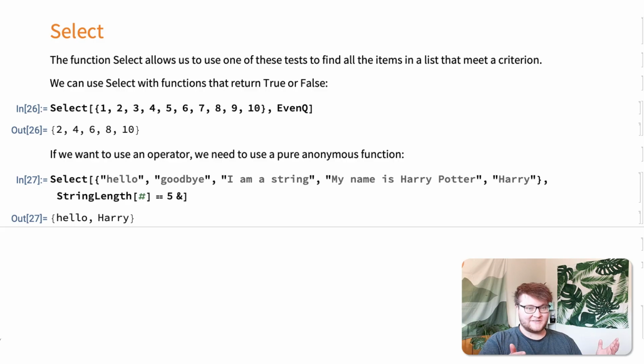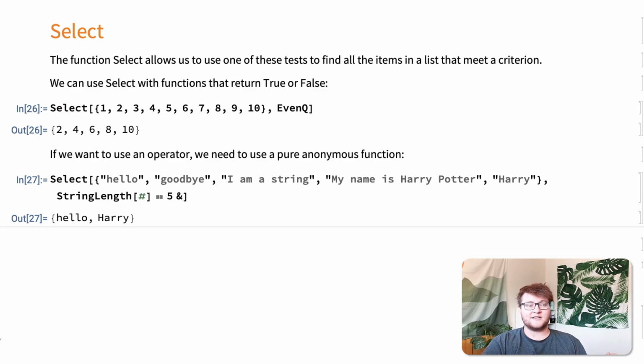Now, if you're questioning there, well, it says Harry twice in this list. Well, it doesn't. Harry is a single string in the list, just as its own thing, which has a length of 5. And Harry is also within a longer string, which doesn't have a length of 5.